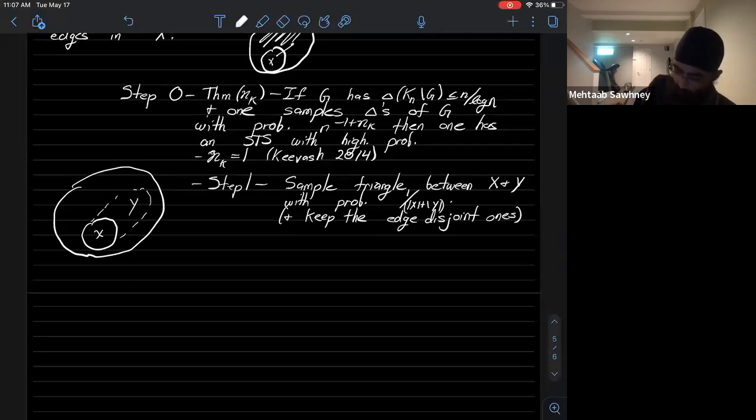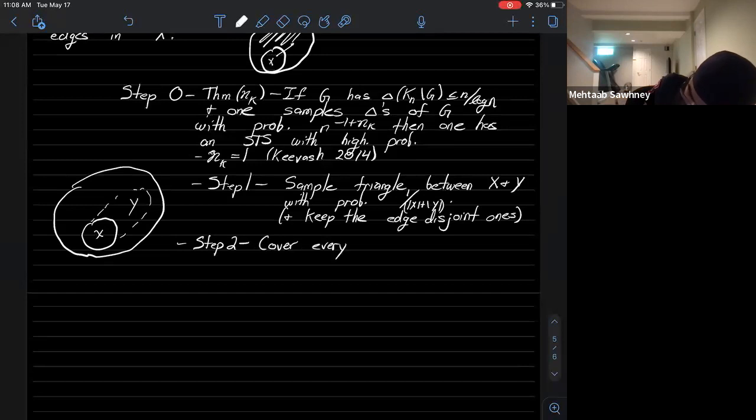So I have some set of triangles which are covering some number of edges between X and Y. Then, by my earlier result regarding iterative absorption, I can cover everything outside of X with density, or with spread, X to the -1 plus little 1.